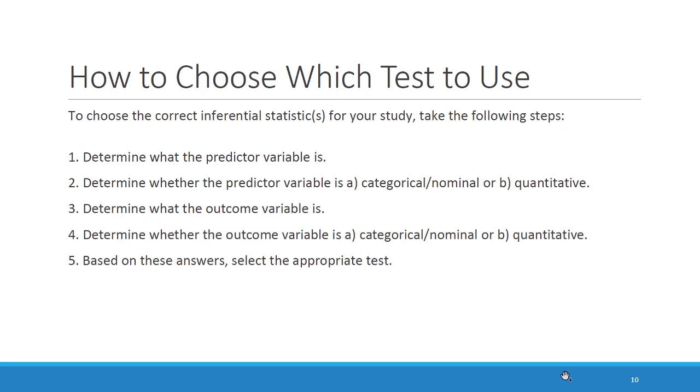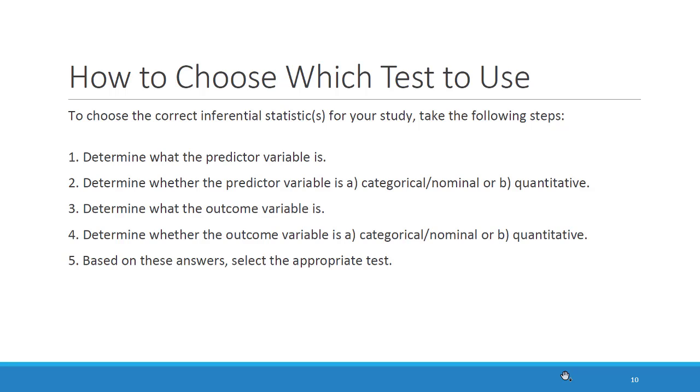So having reviewed the different types of variables, let's talk about how to choose which statistical test to use, because we're going to use that information about the variable type in order to correctly select our inferential statistics. To choose the correct inferential statistics for your study, take the following steps.